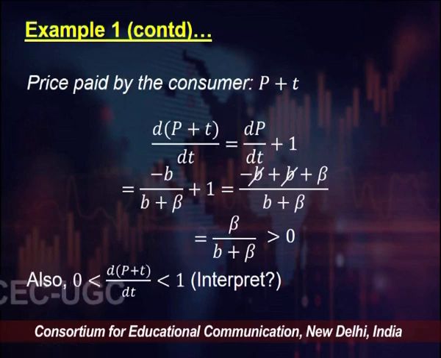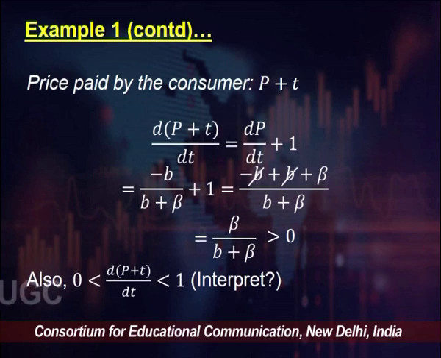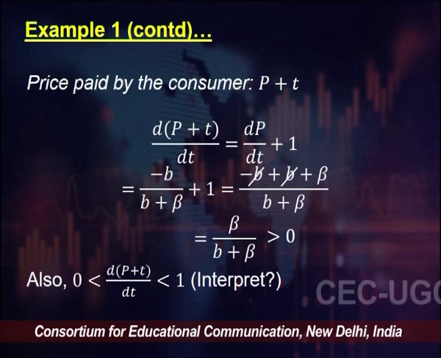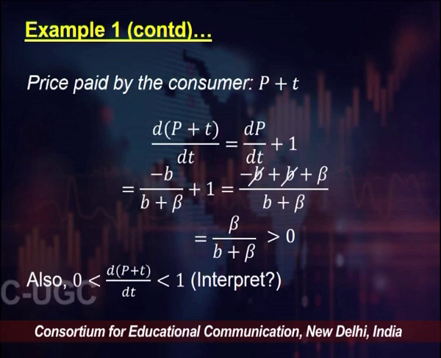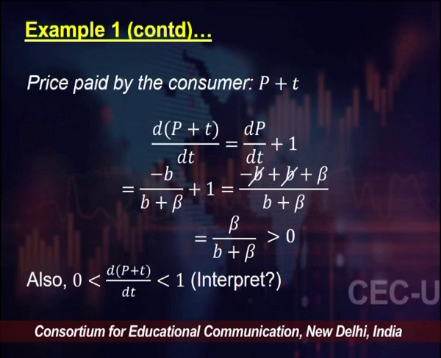This is to say that the price paid by the consumer, when the tax rate goes up, is going to increase, but by less than the increase in the tax. It is also saying that the burden of the tax, whether we look at dp by dt or d of p plus t by dt, is going to be shared by both the producer and the consumer in this case, where the demand and the supply curves are respectively downward and upward sloping.